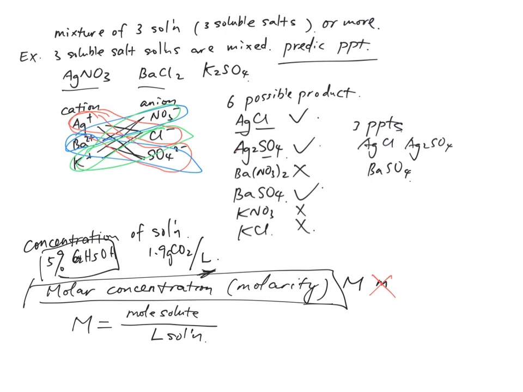Now, it's very easy for you to find a solution bottle labeled as something like, okay, this is a 6 molar HCl. What does that mean? That means if you take 1 liter of this solution, it's going to contain 6 moles of hydrochloric acid.